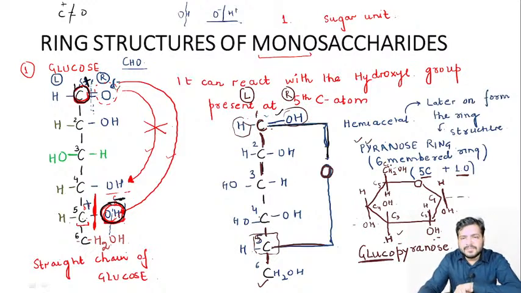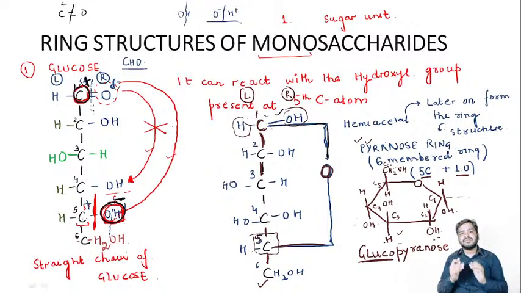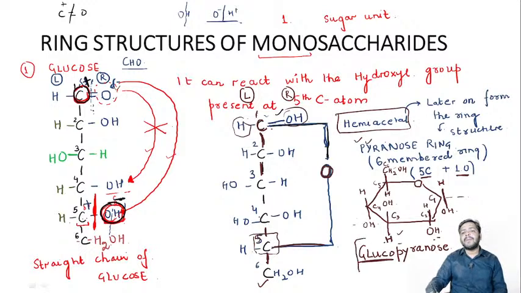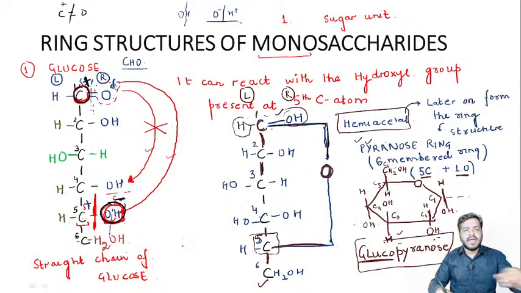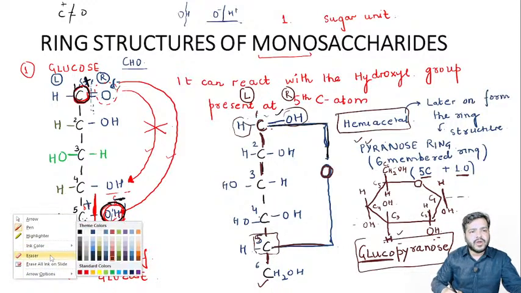So that is the simplest formula of how to make from a straight chain to a hybrid structure, that is the hemiacetal, and from hemiacetal to a pyranose ring. And remember, write down one point over here, students.